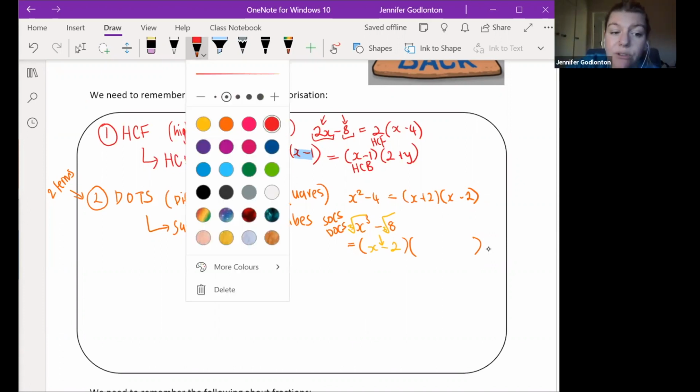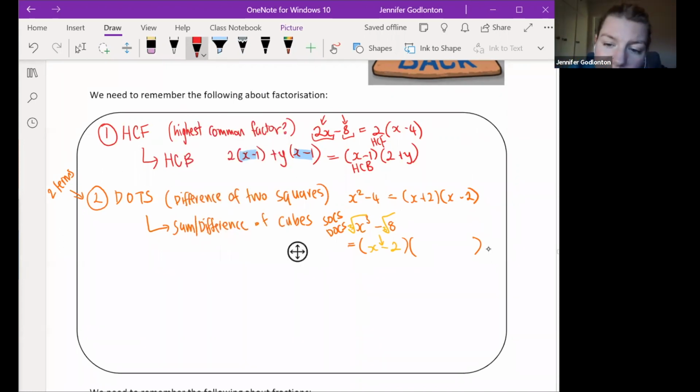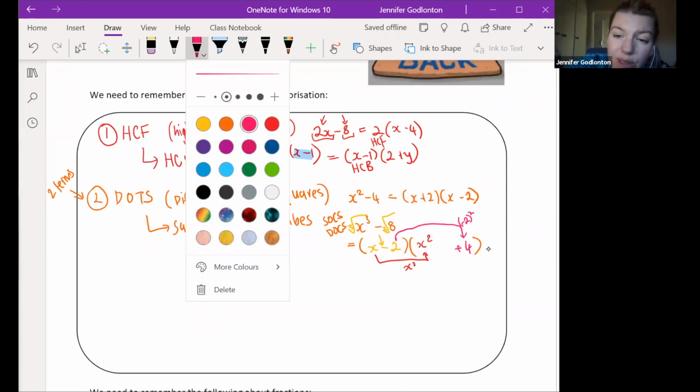Now we need to figure out our second bracket. Our second bracket, we do a bunch of different things. The first thing we do is we square the first term. So x times x gives me x squared. We also square the last term. So negative 2 squared gives me positive 4. Then for our middle term, this is the one which is the nasty term.